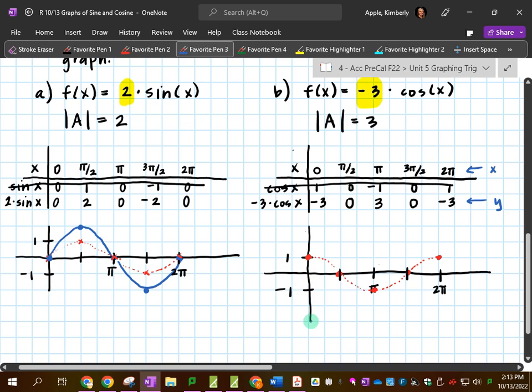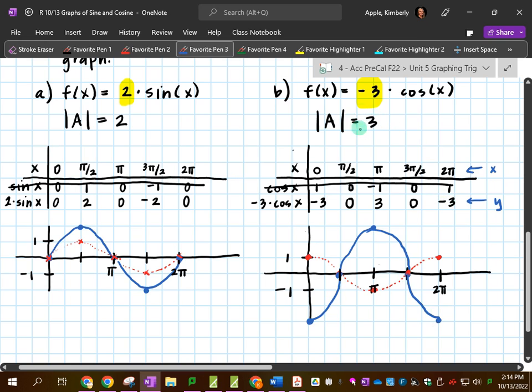So this will be actually -3 now, way down here. At pi over 2, I'm still at 0. At pi, I'm all the way up at +3 now. Then 0, and then -3 again. So notice I have a couple of things that have happened here. Not only did my graph stretch vertically by a factor of 3, but it also flipped, just like we talked about.